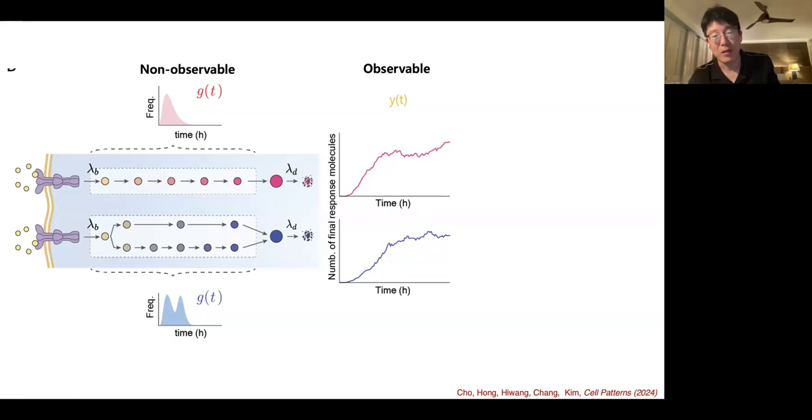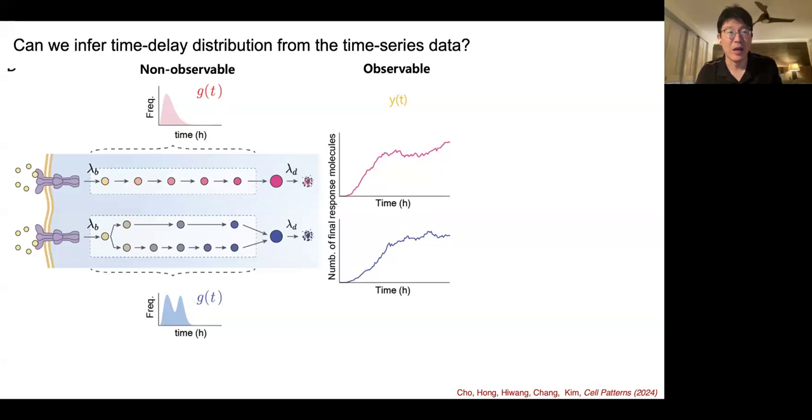But if you look at the time series data YT, you can see that these two time series are nearly indistinguishable. So from this indistinguishable time series data, we have to infer the non-observable time series data. This is quite a challenging problem.